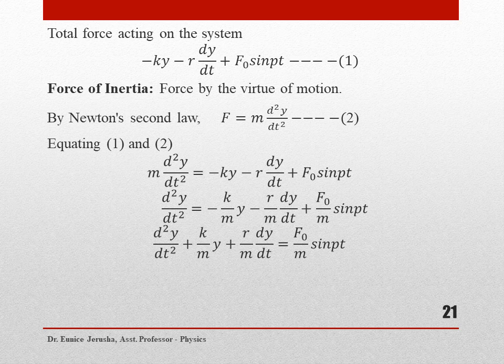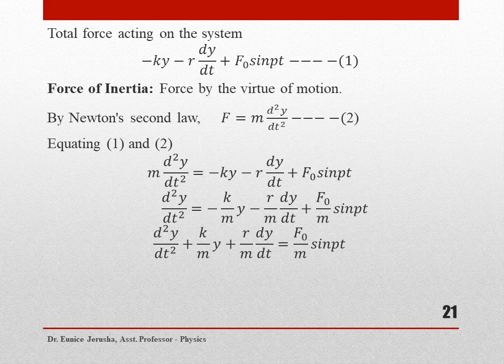Taking the terms which are there on the right hand side to the left hand side and leaving the external force term alone on the RHS, we now have d square y by dt square plus k by m y plus r by m dy by dt equal to f naught by m sin pt.